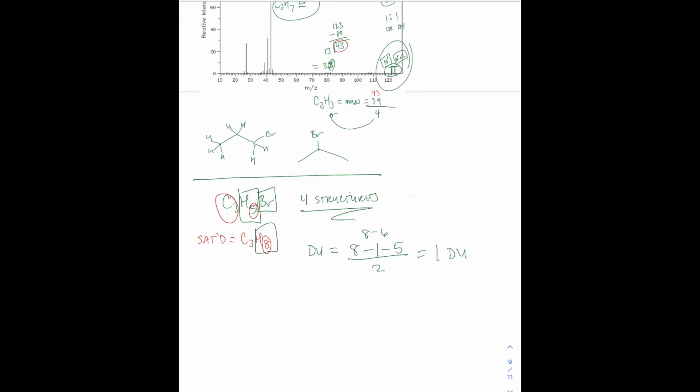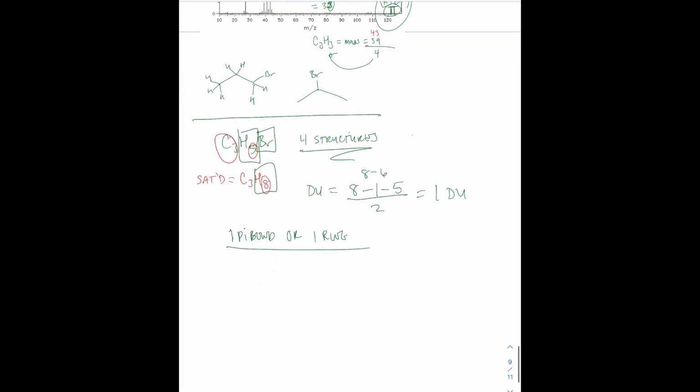All right, so which means that we either have 1 pi bond or 1 ring. And so how can we arrange 3 carbon atoms, 5 hydrogens, and 1 bromine with this criteria and to give us 4 different structures?